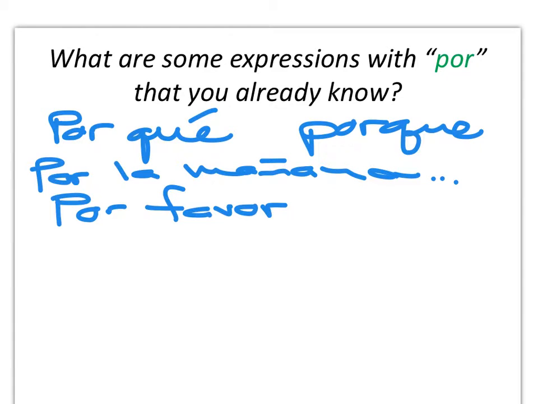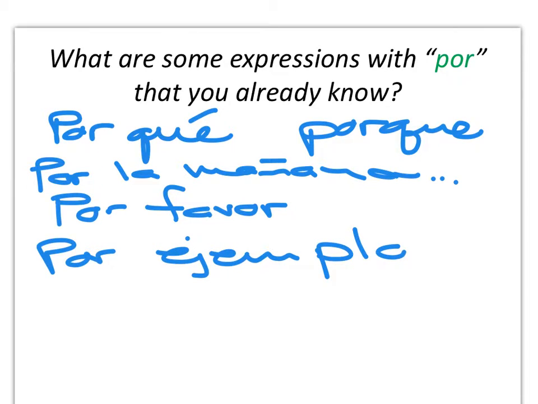Otro ejemplo con por, ¿sí? Por ejemplo. Now, por ejemplo, ¿qué más? ¿Algo más? Bueno, hay muchos, pero el objetivo de listar las expresiones con por es para mostrarles que por no es nada nuevo, es algo que nosotros conocemos muy bien.